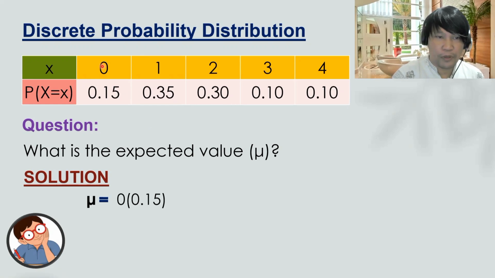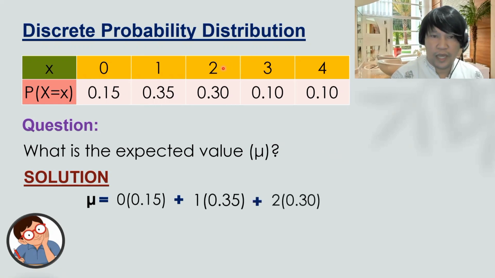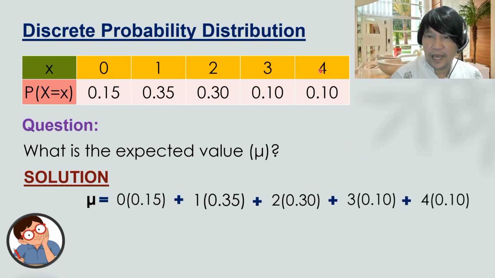that is the random variable 0 and its corresponding probability, plus we have 1 times 0.35 plus 2 times 0.30 plus 3 times 0.10. And last one, we do have 4 times 0.10. Then after that, we are going to get the product, okay?